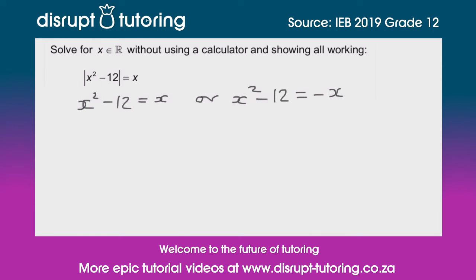Then we need to write each of these equations in standard form in descending powers of x, and we get two quadratic equations in standard form.